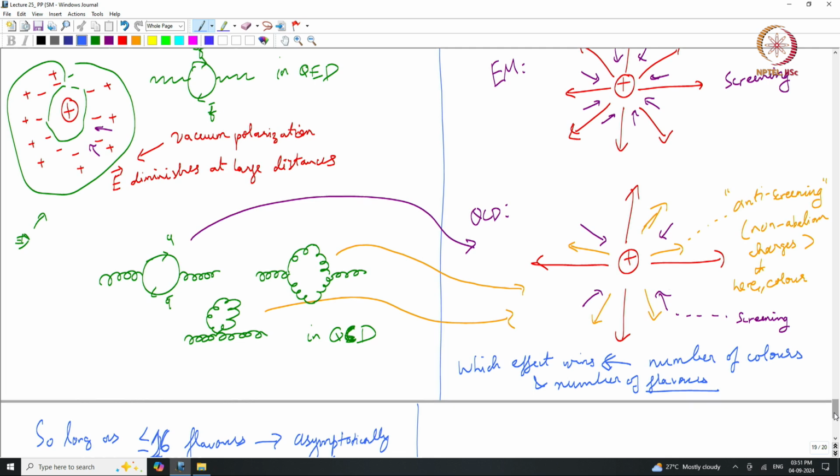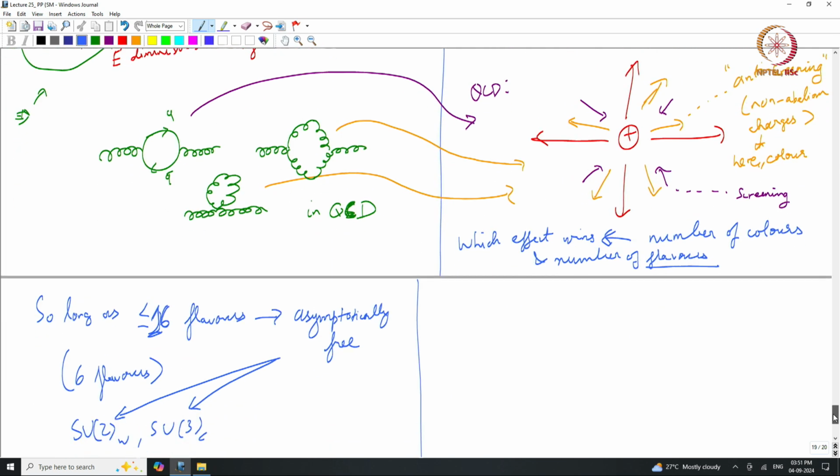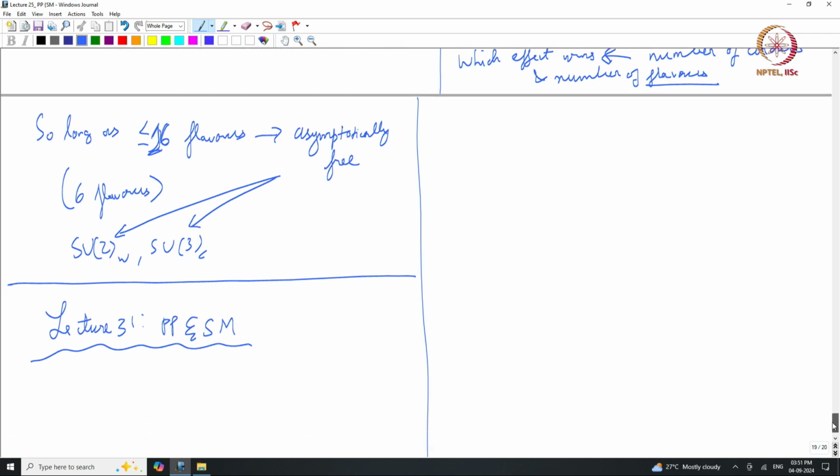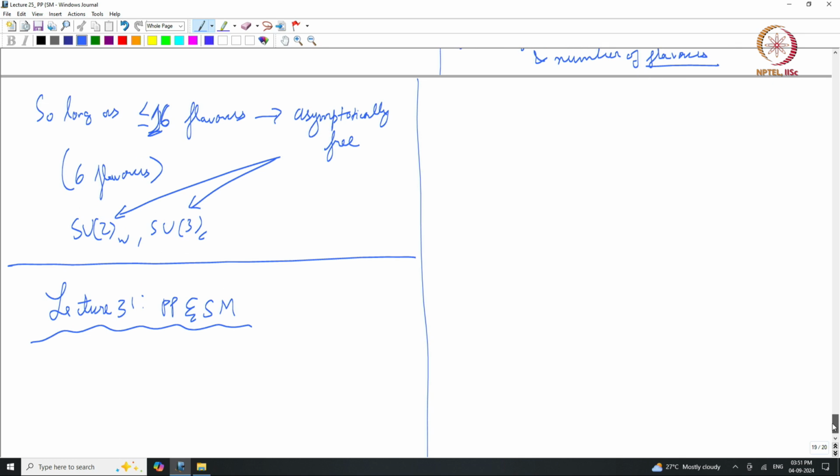And there is a competition between what the color charges and the number of flavors that you have. We found that we are living in a world where indeed you can get an asymptotically free theory because we have less than 16 flavors. Okay.